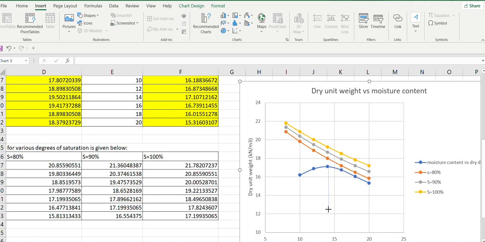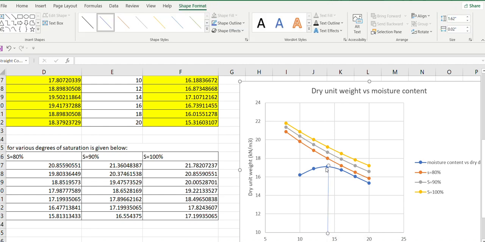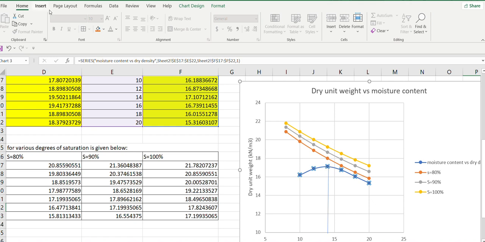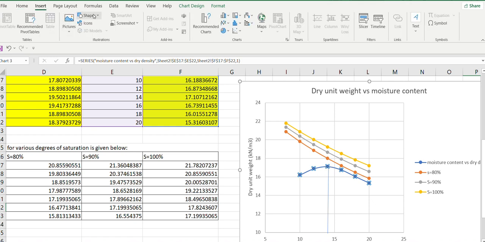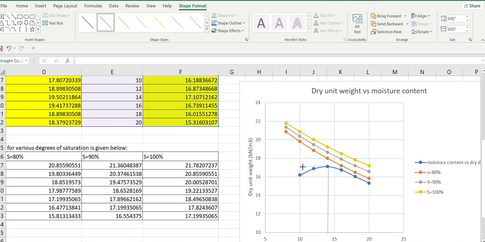So let's plot it straight down here, and straight to this point.